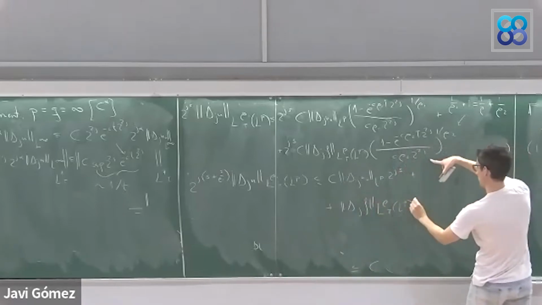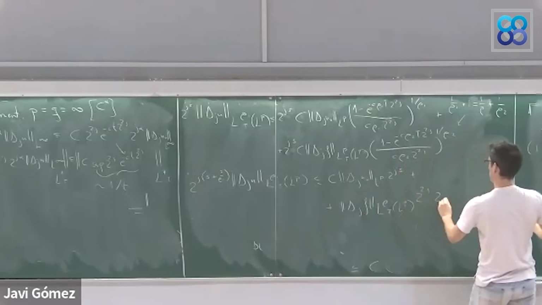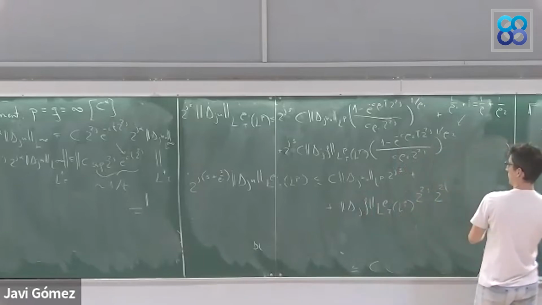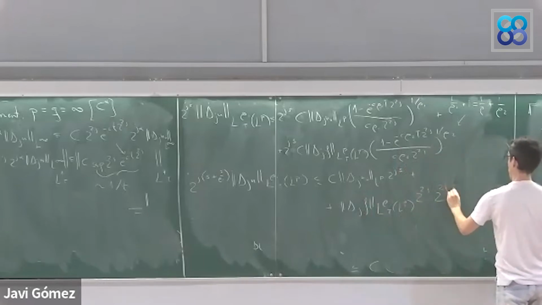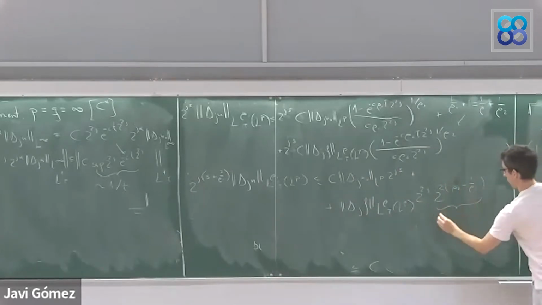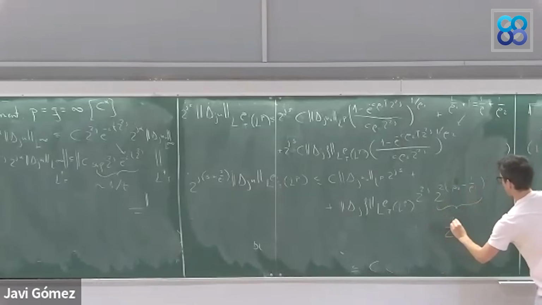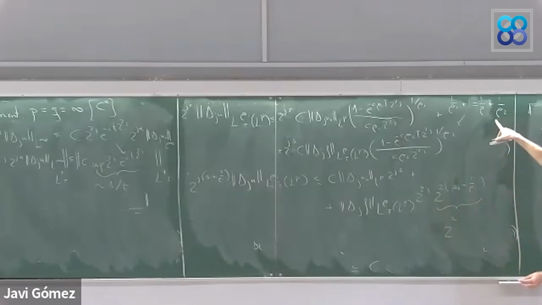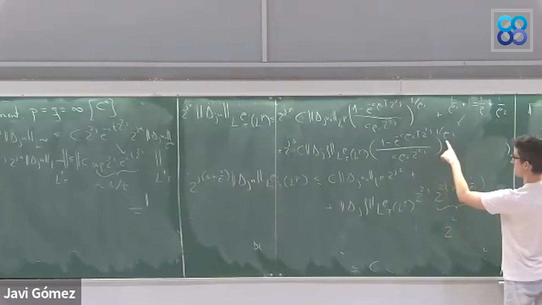What remains here is 2j. And this is the language.